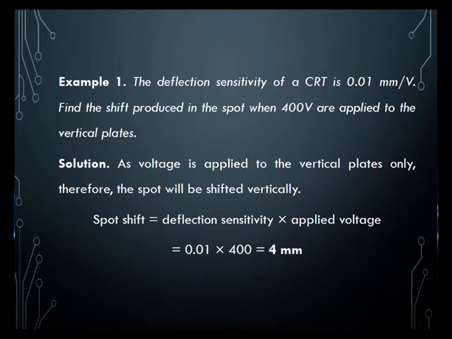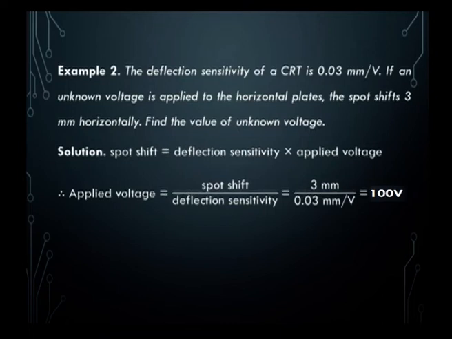Next, we study another example. The deflection sensitivity of a CRT is 0.03 millimeter per volt. If an unknown voltage is applied to the horizontal plates, the spot shift is 3 millimeter horizontally. Find the value of the unknown voltage. So, we need to find the voltage here.